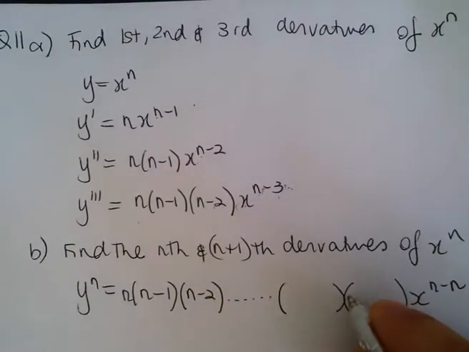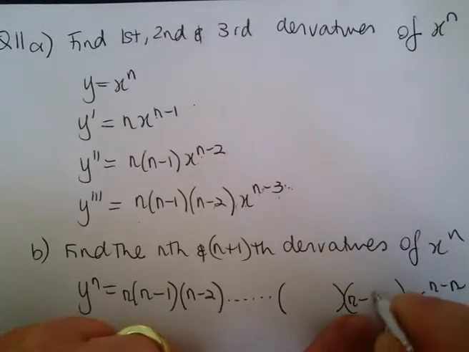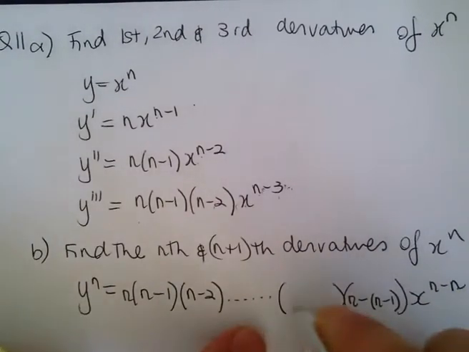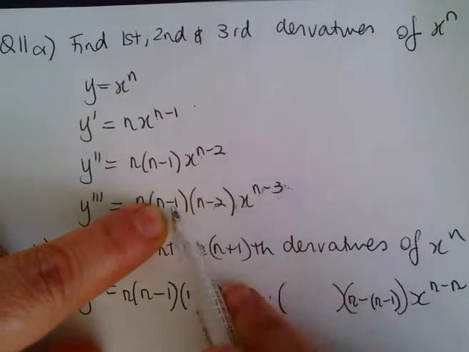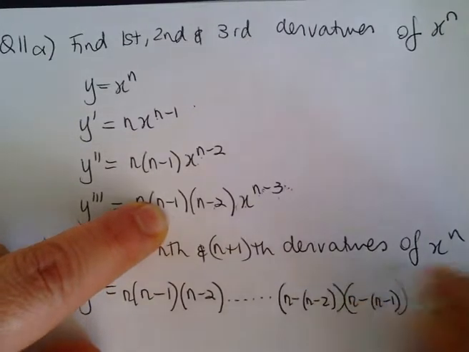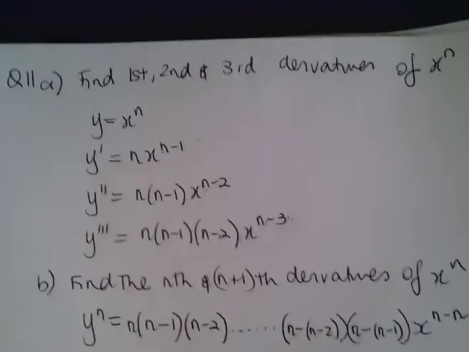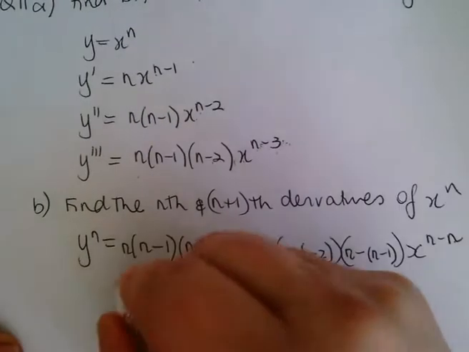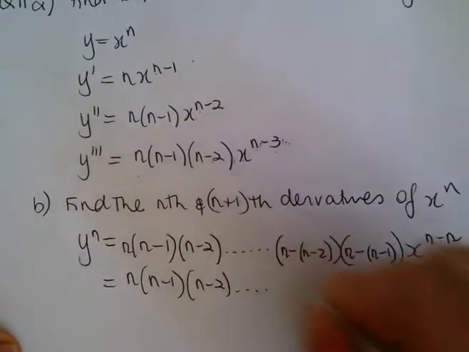This should be n minus 1 less than that n, but in brackets, n minus 1. The one before it should be 2 less than the 3. So this will be n minus 2, right? Do you see how I'm doing it with patterning? So then we go n times n minus 1 times n minus 2 dot dot dot.